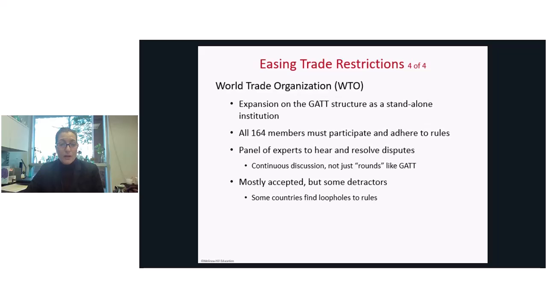So the World Trade Organization is designed to ease trade restrictions across 164 members participating and adhering to the rules, supposedly. We have a panel of experts to hear and resolve issues, and the rules of GATT are mostly accepted, but there are some countries who find loopholes.